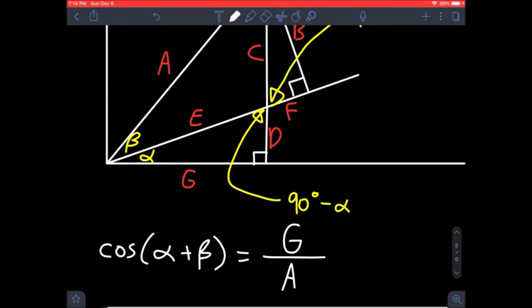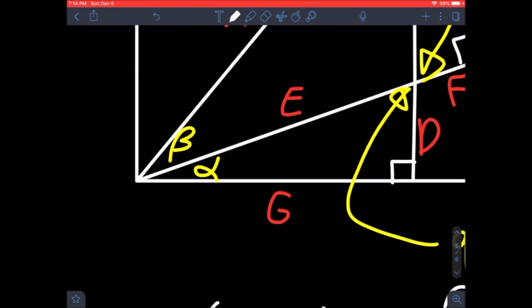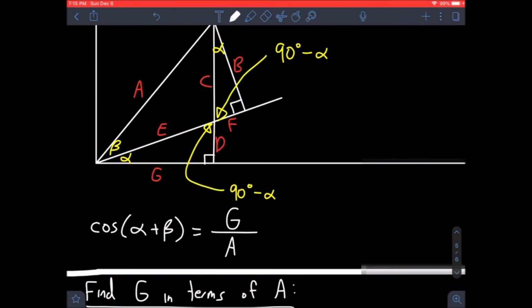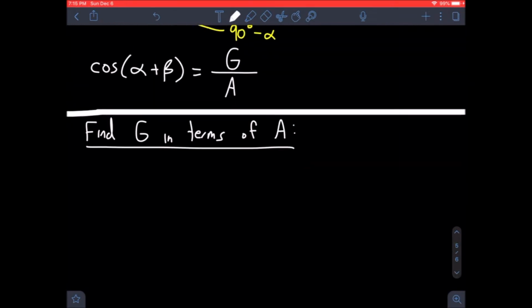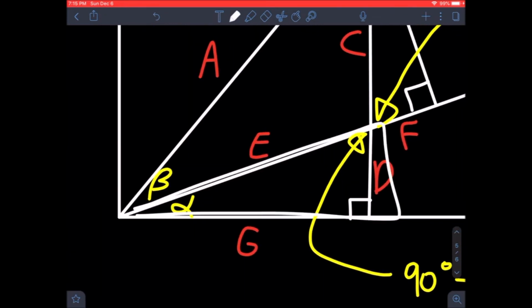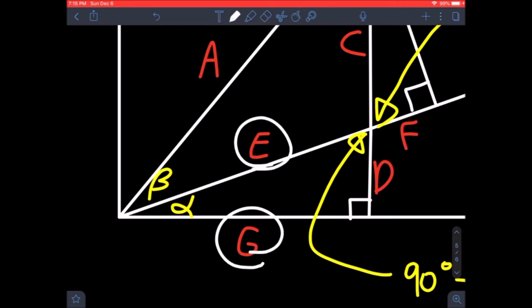So the first thing we're going to do is write G in terms of E, using this right triangle right here, which uses alpha. The cosine of alpha is equal to G over E.